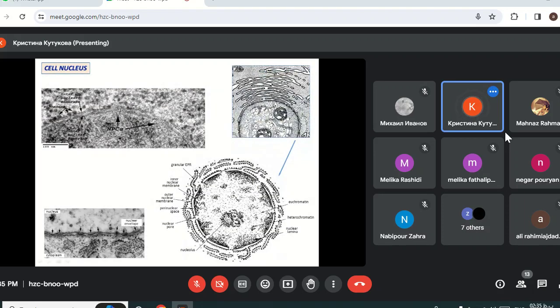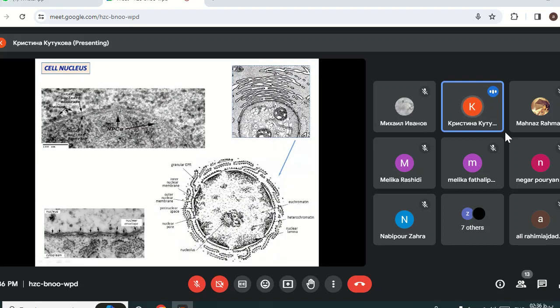Cell nucleus has the membrane. It is actually double layered membrane, which is called nuclear envelope. So it has internal and external membrane, and as you can see here, external membrane of the nuclear envelope, outer nuclear membrane, is actually continuous with the granule or rough endoplasmic reticulum.